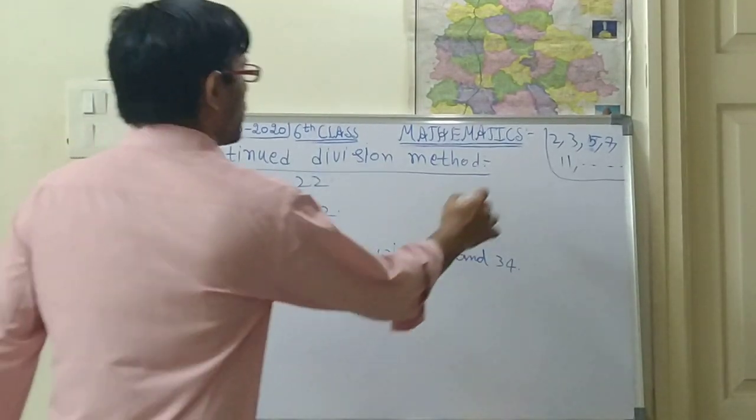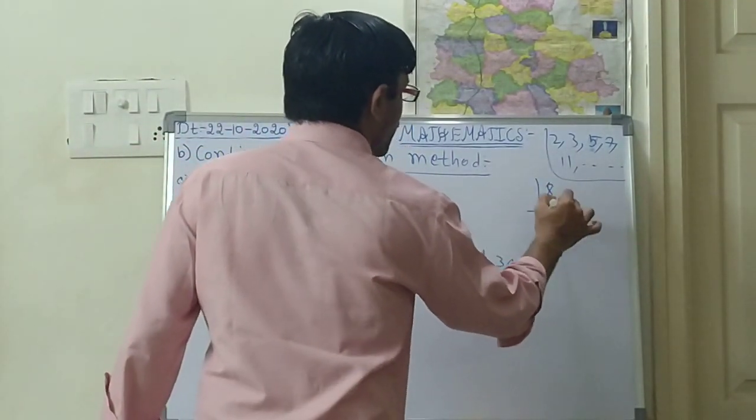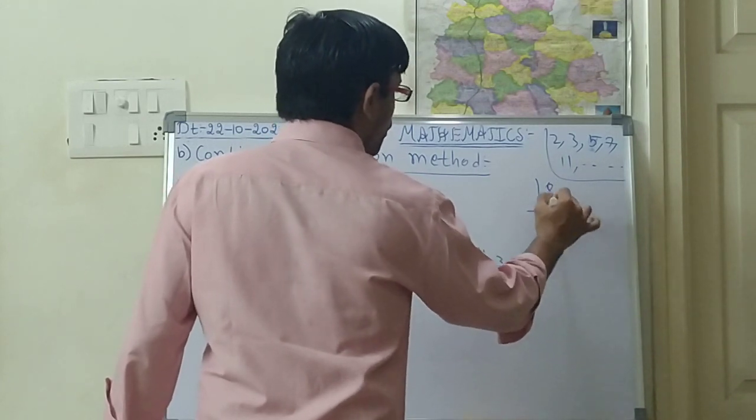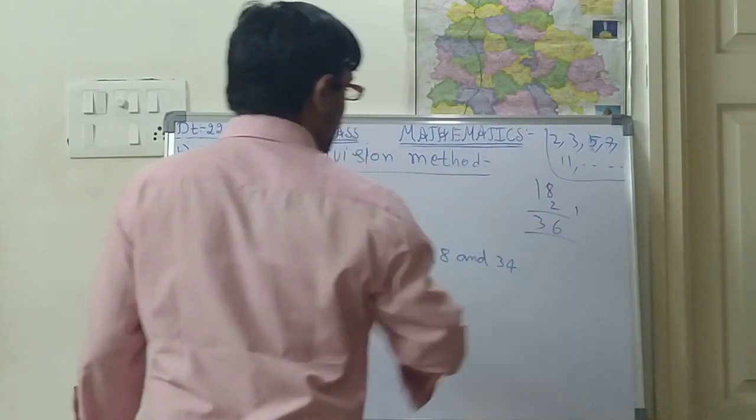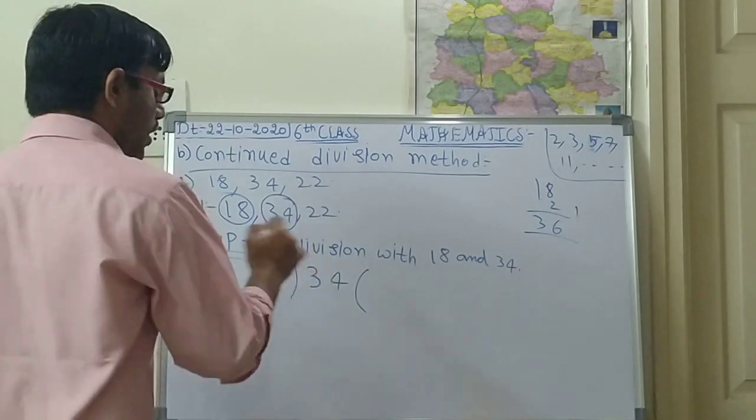See children, 18 twos: 2 eights are 16, 2 ones are 2, plus 1 is 3, so 36. 36 is coming, but not 34.